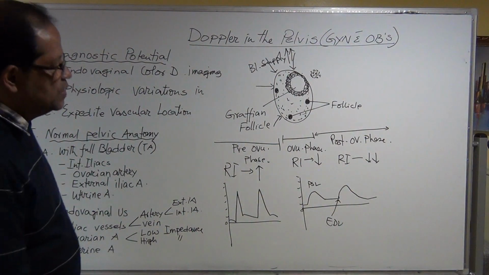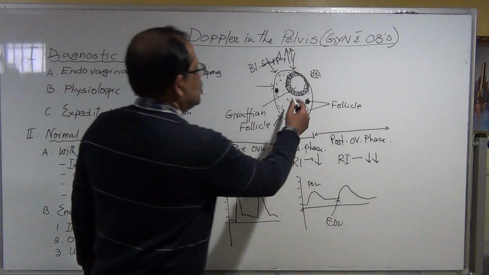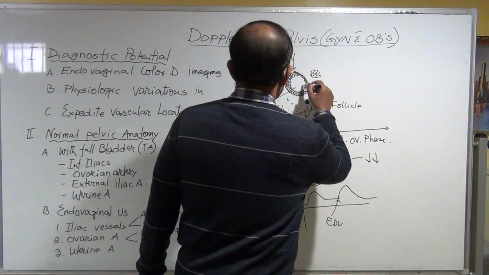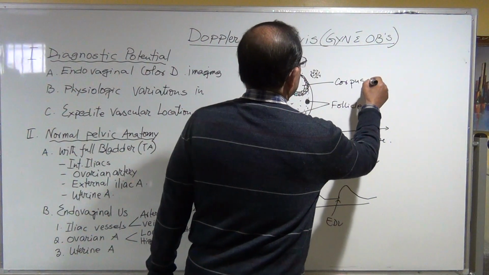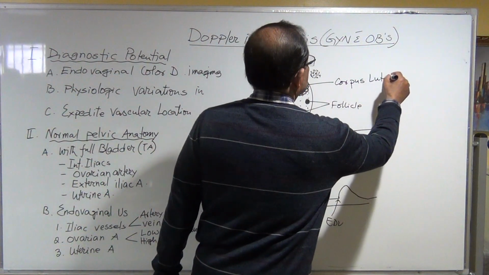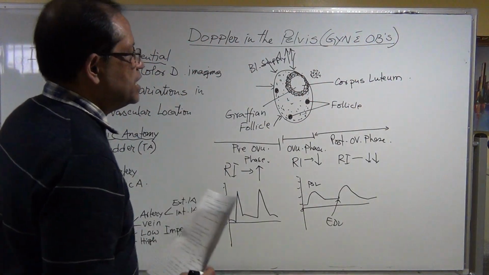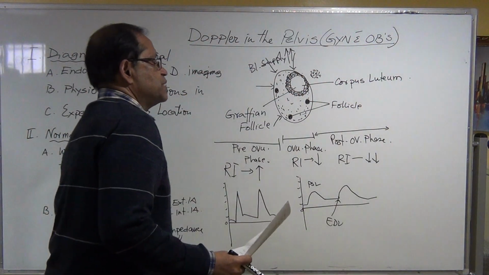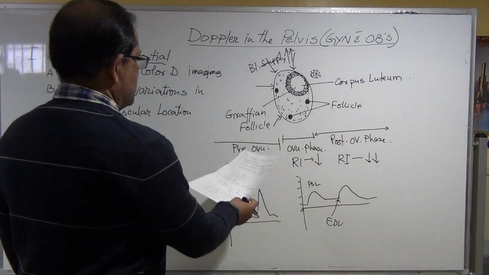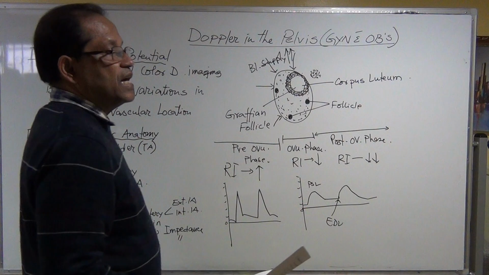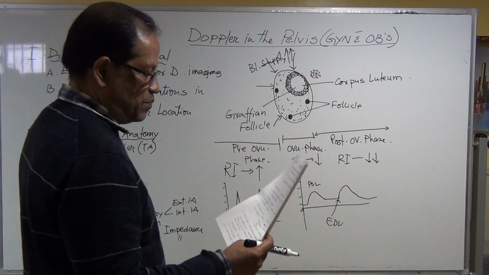So you have to take the history, and this is called the luteal phase. During the corpus luteal stage, the resistivity index will be low, and before the ovulation, during the pre-ovulatory phase, the resistivity index is higher than in the ovulatory and post-ovulatory phases.